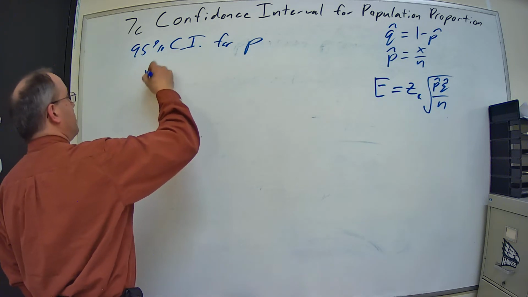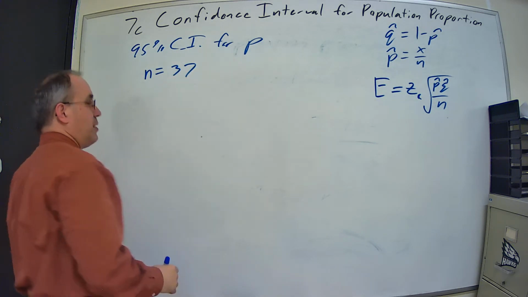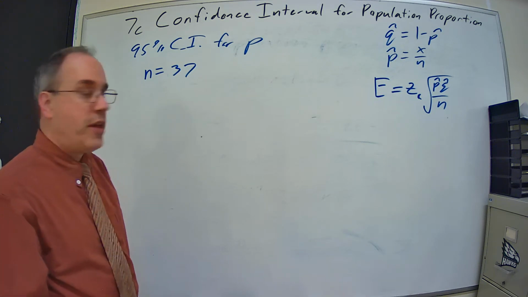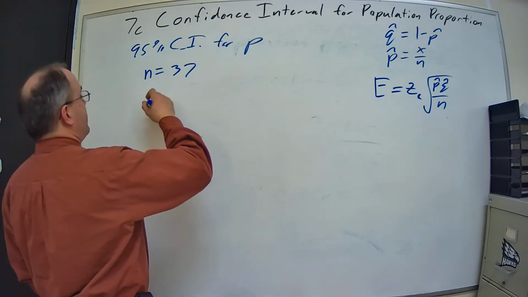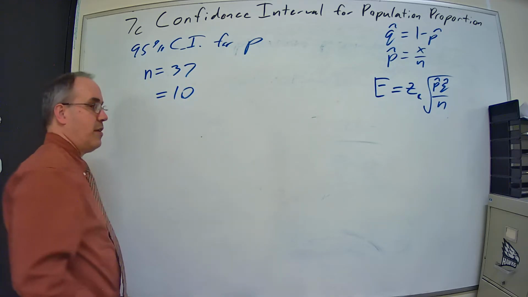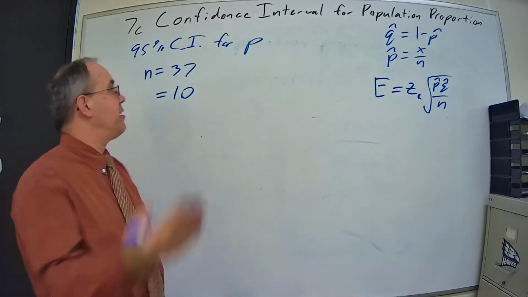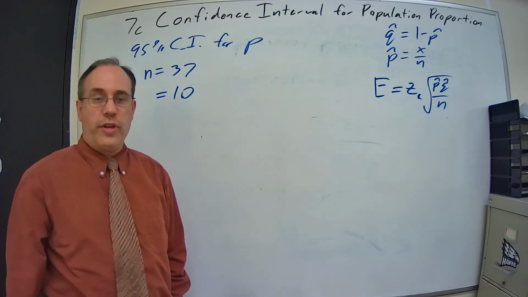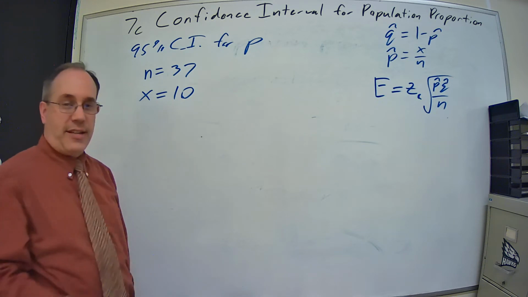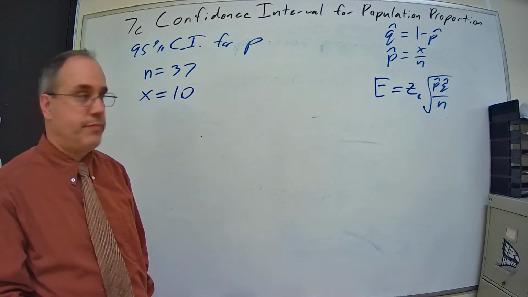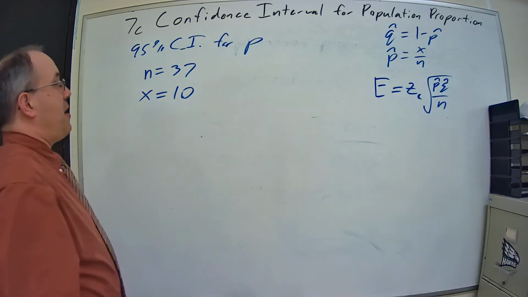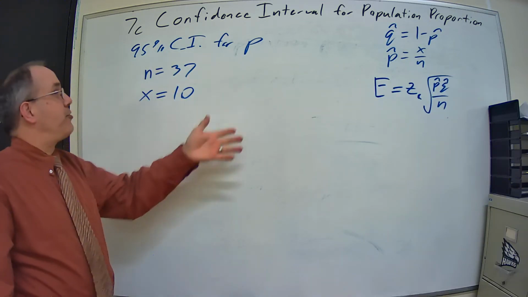So n is equal to 37. Of those 37 individuals, 10 of them say that they think that remote learning is the way to go. That's X, it's our number of successes. Okay? And believe it or not, that's what we need.